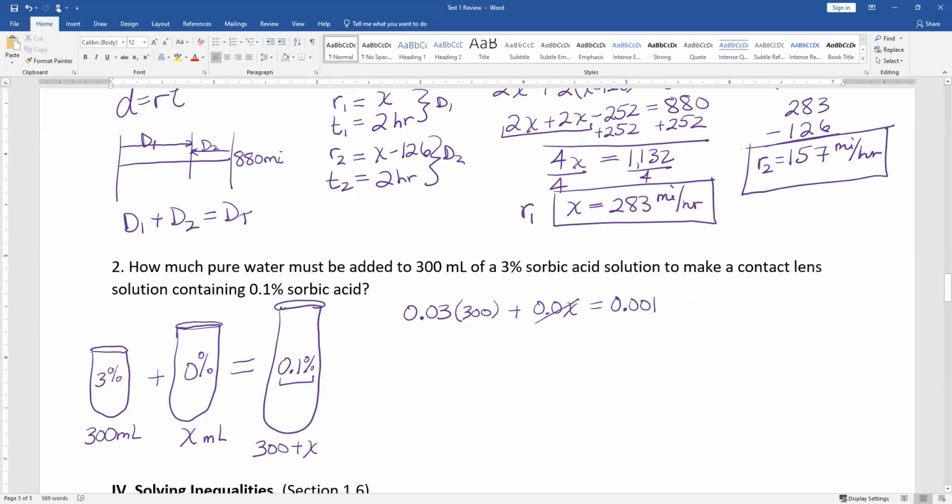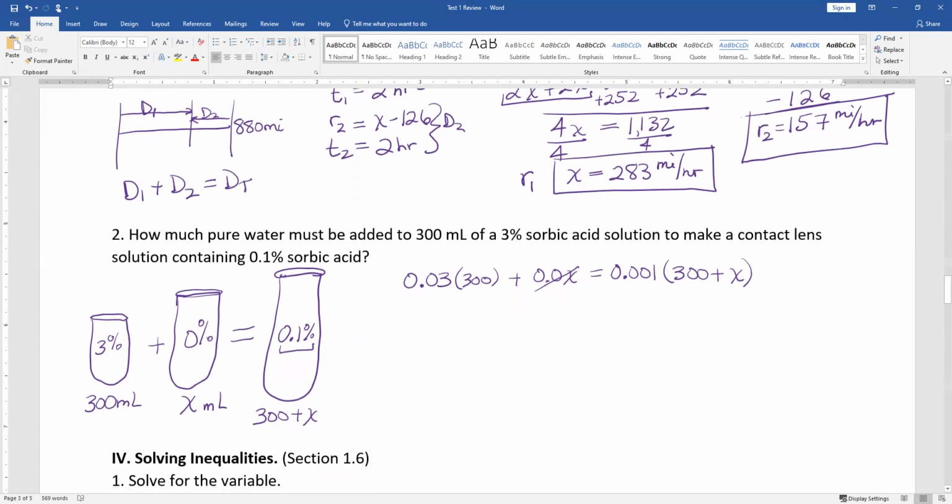So 0.001 times 300 plus X. Okay. So there's our equation.